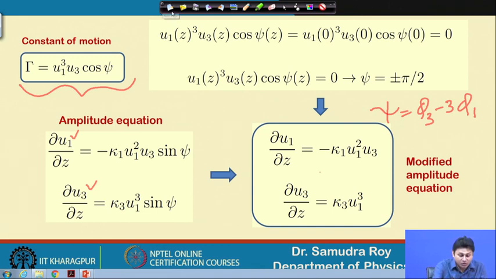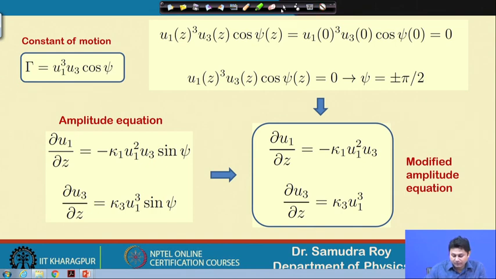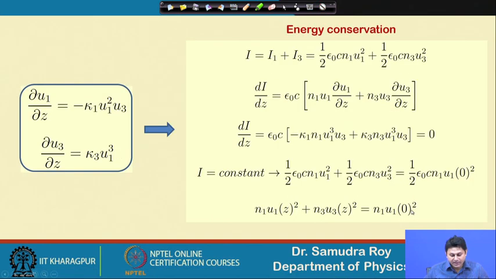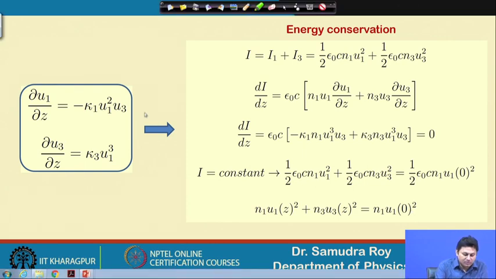In order to solve this, we need to find a few more things about what these two equations suggest. They give a very important piece of information: the intensity, or the total energy of the system, remains conserved. If there is no loss, these two equations do not contain any kind of loss.